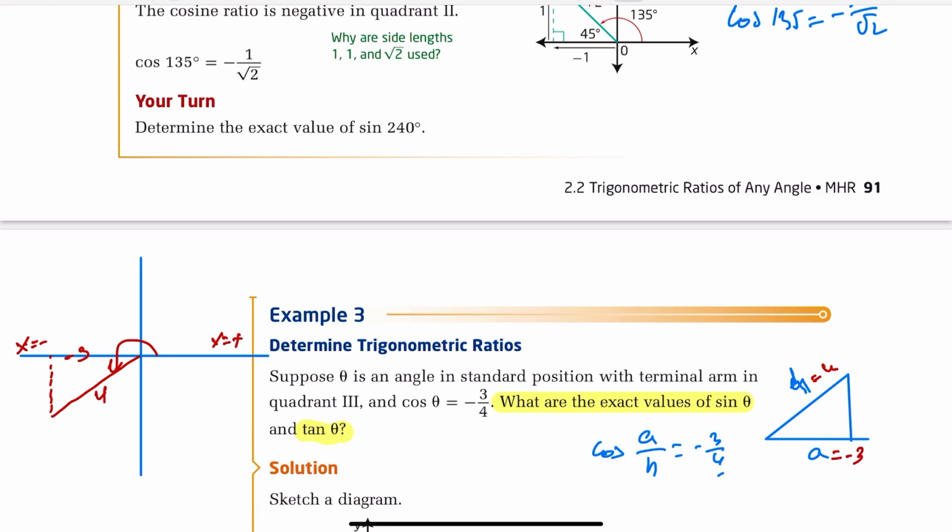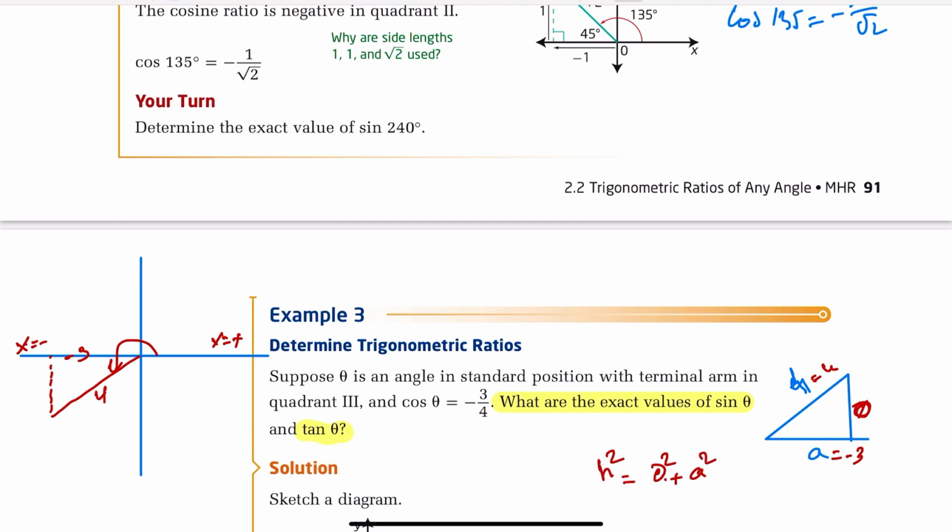How much is my y? To find y, let's clean this. I know that hypotenuse square is equal to my opposite square plus my adjacent square.